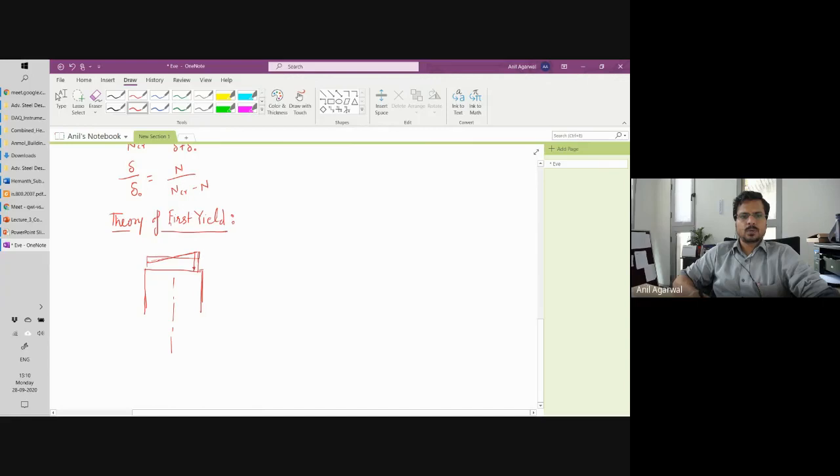So at one edge, I will have higher stresses than the other. Agree? So the stress on this side will be higher than the stress on this side. Okay? And what will be the stress on this side? We can calculate that. How do we know that?